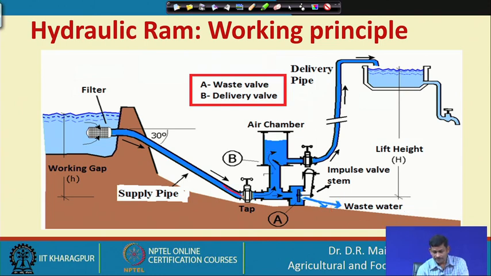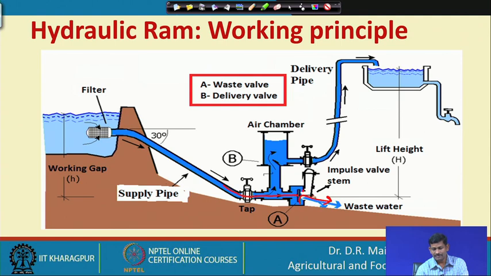So, the flow which is coming is hitting this valve, because of this high flow, and you are suddenly hammering it by obstructing the flow to the waste valve. Initially this will be open, the waste valve pushes, so some water will be wasted. That is why it is called the waste valve.